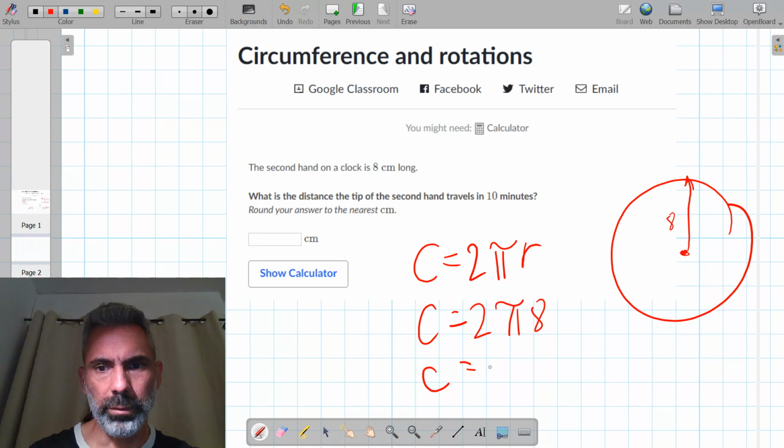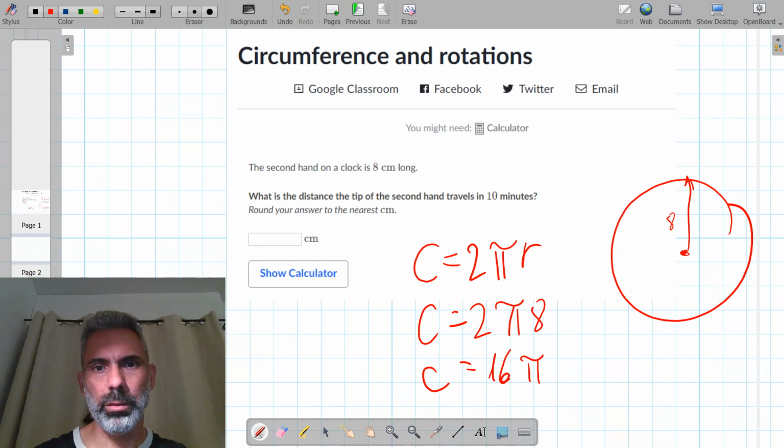So the circumference is 16 pi. This is for 1 minute. So I need to multiply it by 10 to know the distance the second hand travels in 10 minutes.